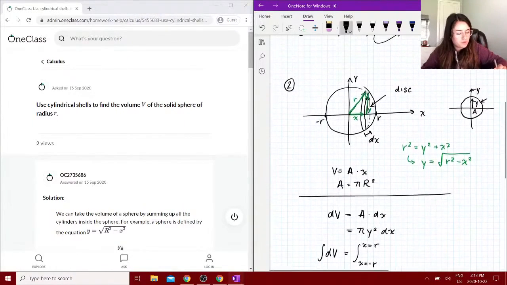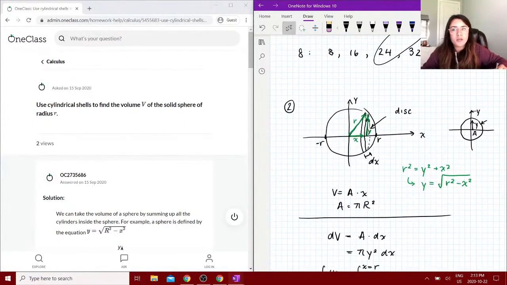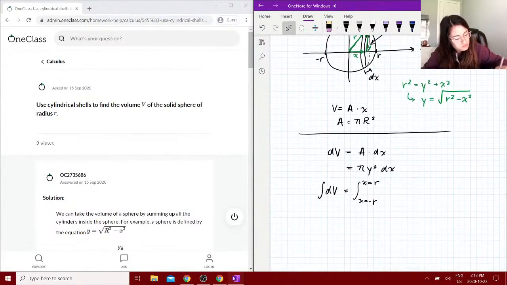So looking back at our diagram here, that makes sense, because we are going from the r on this side of the orange or the sphere to this side. So that's r along the x-axis to negative r on the other side. And everything remains the same as it did before.